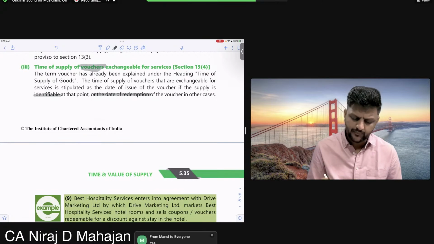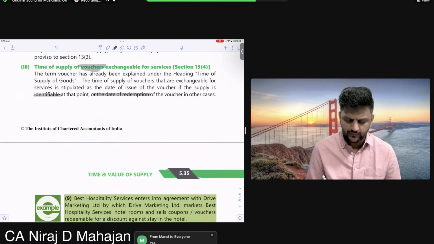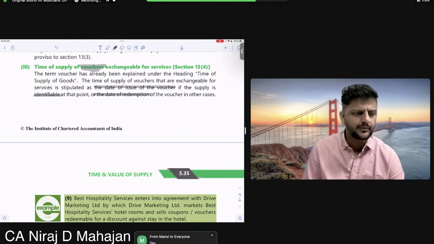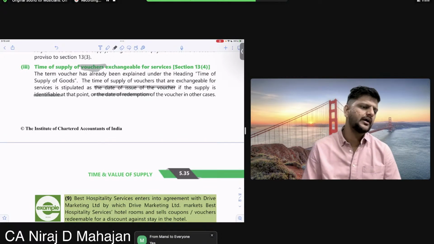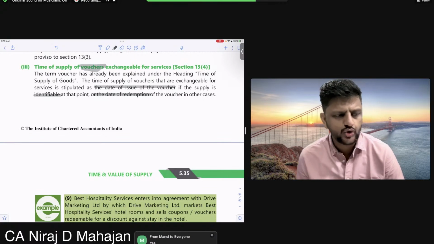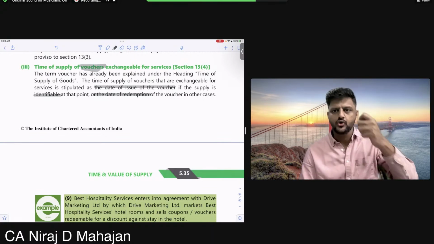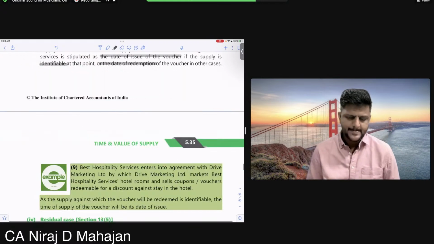So if they are identifiable, then date of issue, otherwise date of redemption. Okay. So if we know what we are supplying, what will be exactly supplied against that voucher, then date of issue of the voucher. If we don't know what can be supplied, then date of use or redemption of the voucher. Done? Let's go ahead.